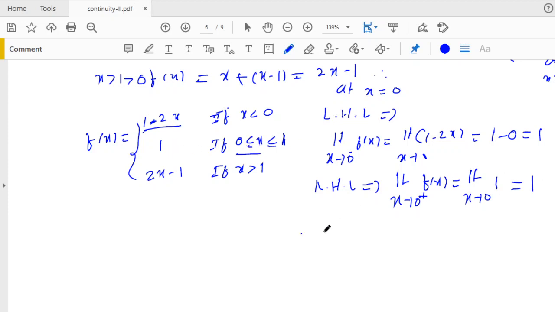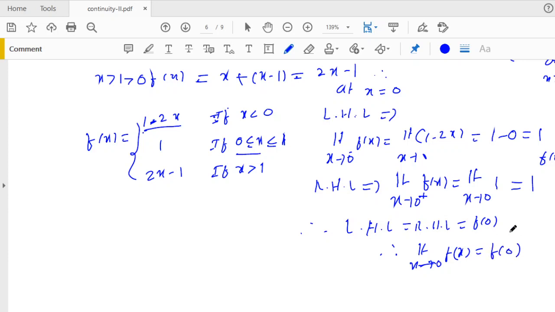Therefore left hand limit equal to 1 and right hand limit equal to 1, and also function value f of 0 is also equal to 1. Therefore LHL equal to RHL equal to f of 0. Therefore limit x goes to 0, f of x equal to f of 0. Therefore at x equal to 0, given function is continuous.